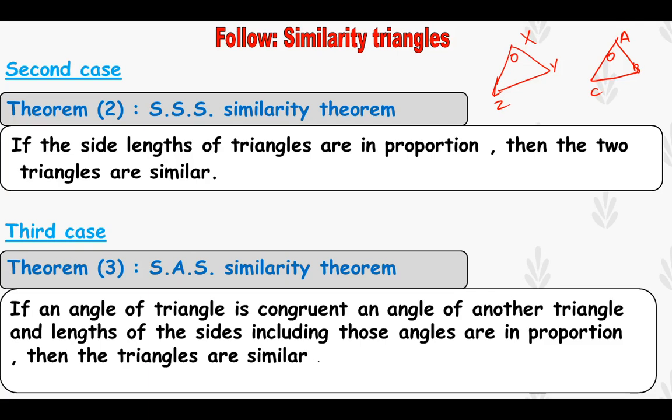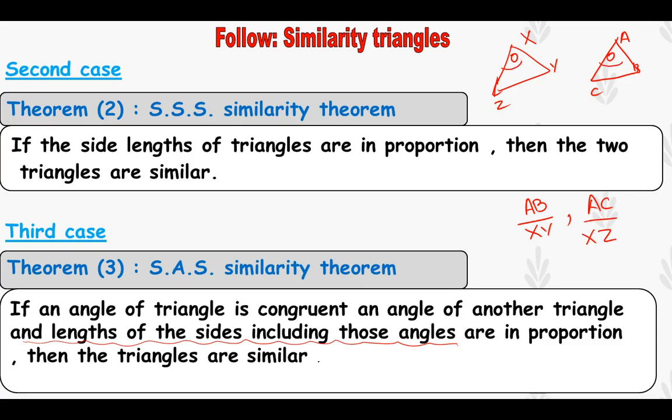And the lengths of the sides including those angles, here you have to notice that the lengths of the sides including those angles are proportional, then the triangles are similar. So here you are going to compare AB over XY and AC over XZ, the two sides including angle A and angle X.